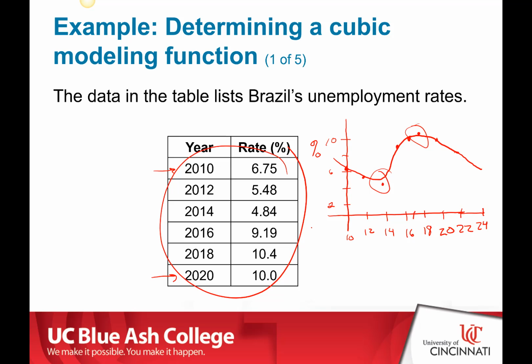The thing that's in control is going to be your X. So our times, our years, are going to be our X values. Okay. Should I put in 2010? You can. Or if you want, you can drop off the 2000s and just put in 10, 12, 14. It'll give you different equations.